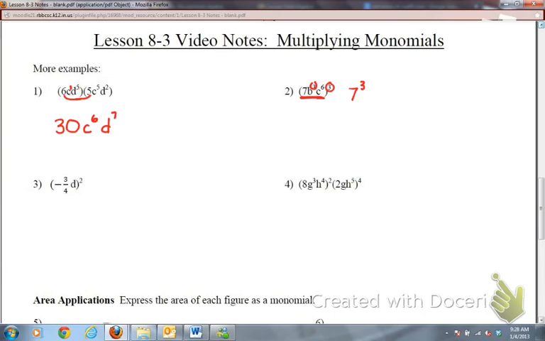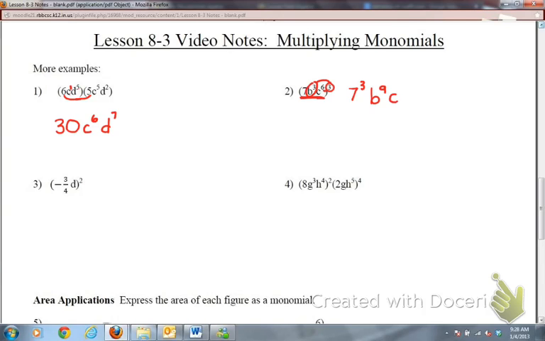I apologize for that. Okay, so here we go with example 2 again. So 7 to the 3rd, and then the b's, you're going to multiply these two exponents together because it's a power right here, and you're taking it to another power. So that would be b to the 9th. And same thing with your c. So you're going to multiply the 6 times the 3, and that'll give you 18.